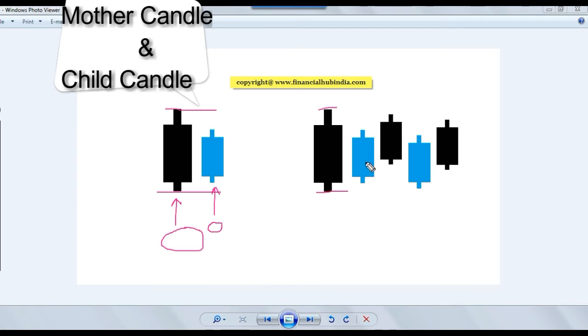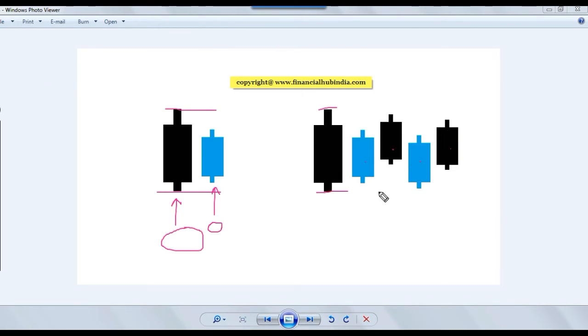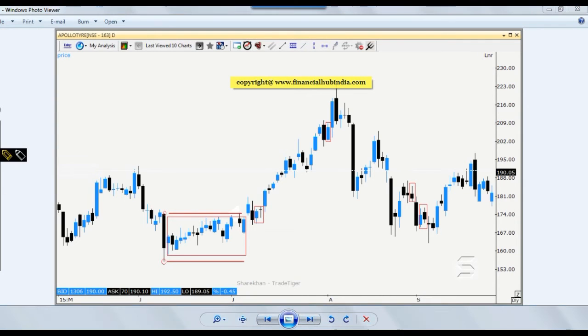Inside this high and low, you have one, two, three, four, four babies, four child candles. That is also possible. So mother candle, child candle, mother candle, and so many child candles. And whenever you see this formation, the term we generally use is inside formations. Insider. That's it. Okay. So let's see this here.